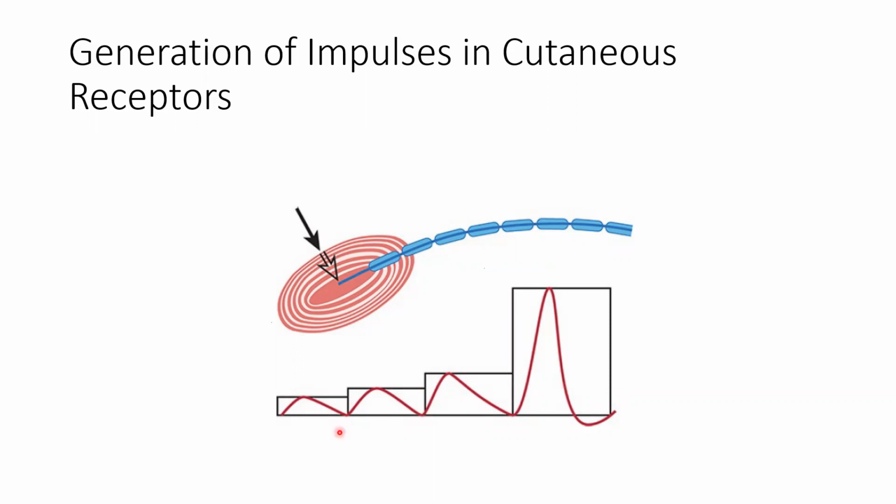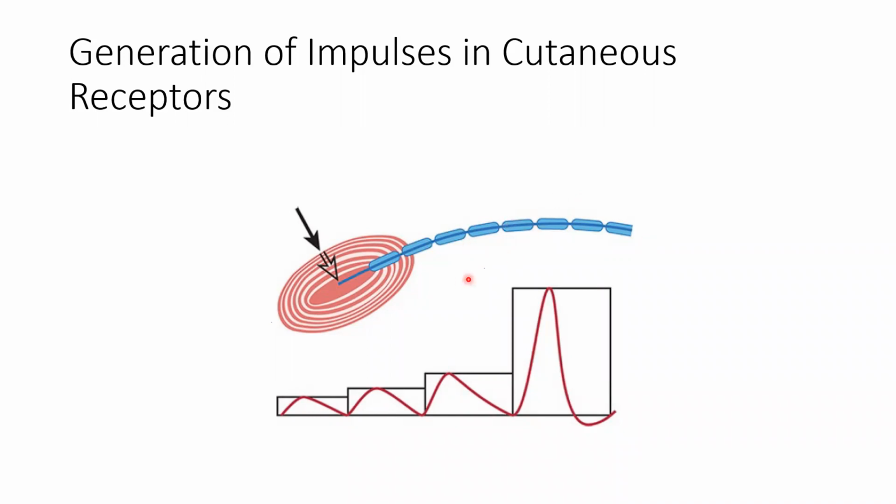So the stronger the stimulus, the higher the response, until such time that it is strong enough to generate an action potential. When the generator potential reaches about 10 millivolts, an action potential is produced at the first node of Ranvier. So this is the location of your first node of Ranvier inside the receptor, and then it continues to fire along the nerve.